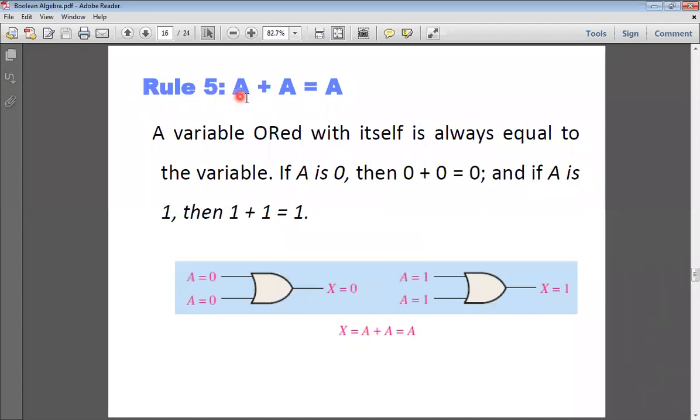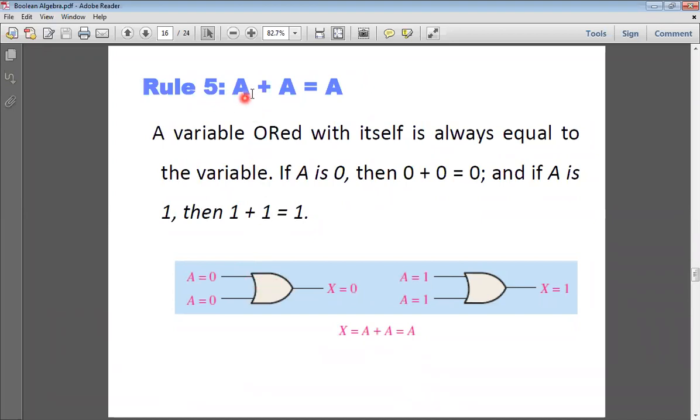Next, rule 5, A plus A equal to A. Rule 5 says A plus A equal to A. A variable ORed with itself is always equal to the variable. If you OR a variable with itself, what we get is the variable.